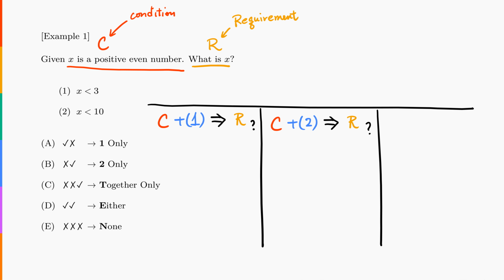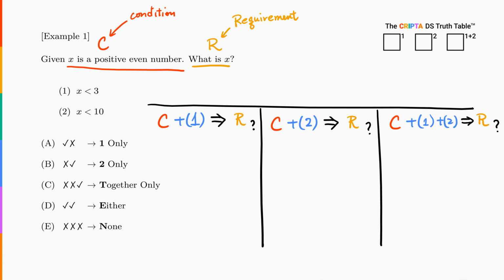Second, you ask the same question but about statement 2. And the third one is: when you assume the condition and statement 1 and statement 2, is it possible to meet the requirement? So we will decide the sufficiency for each of the following cases, and then we can match it up to find the final answer.